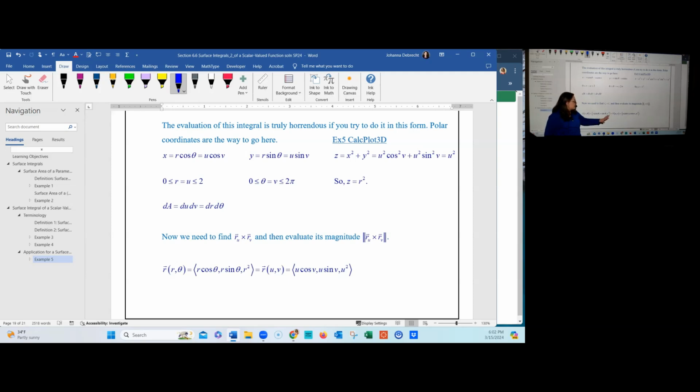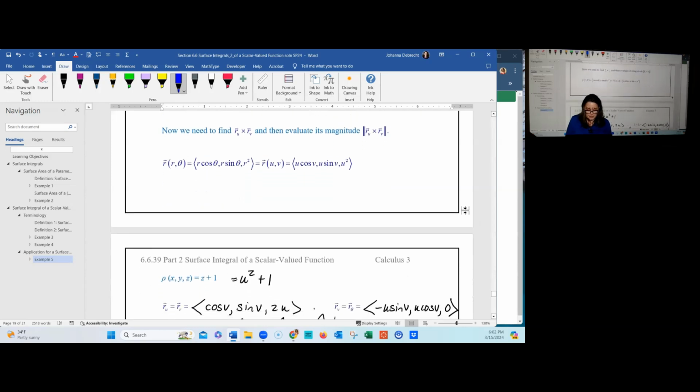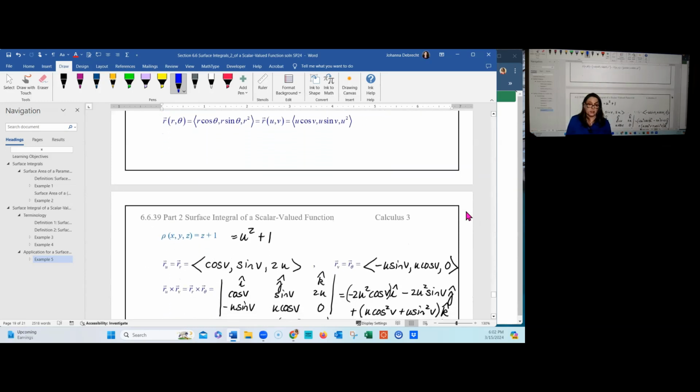The next thing we're going to need to do is find the directional derivatives in the direction of u and v, which are replacing our r and theta. In this case, we are integrating with respect to u and v. It's tempting to want to think that this is actually the cylindrical system, so the differential would be r d theta, but that's not quite accurate.